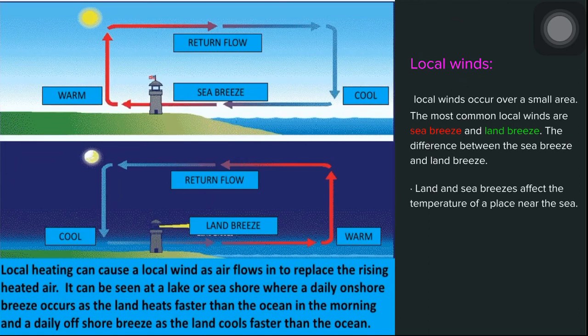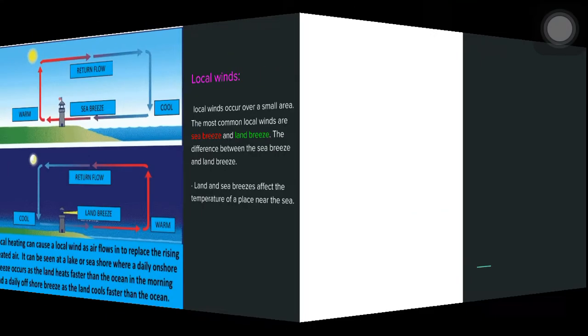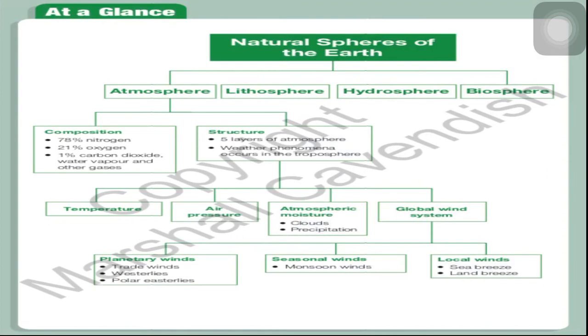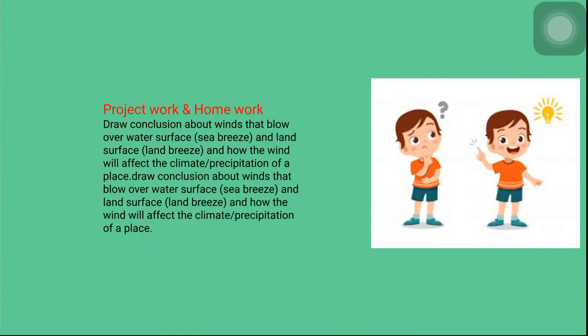So this is called the local wind. Dear students, this is the picture from your textbook, a summary of this topic at a glance. Please note these down in your notebook.